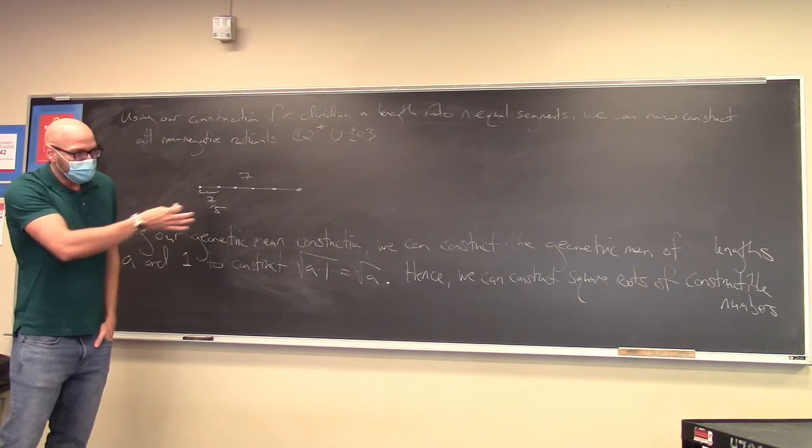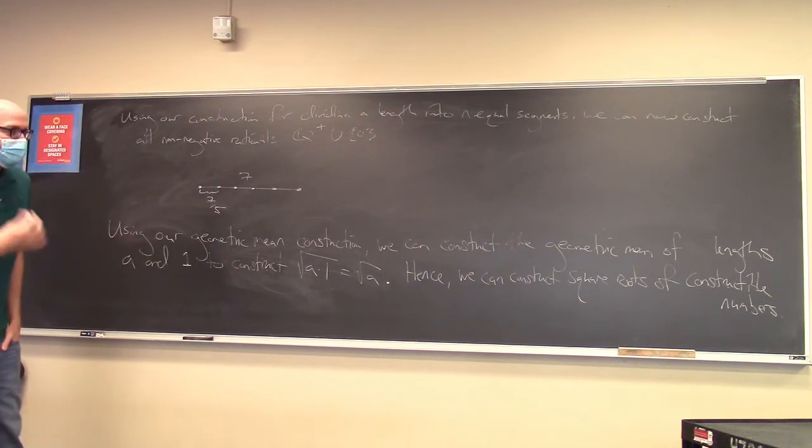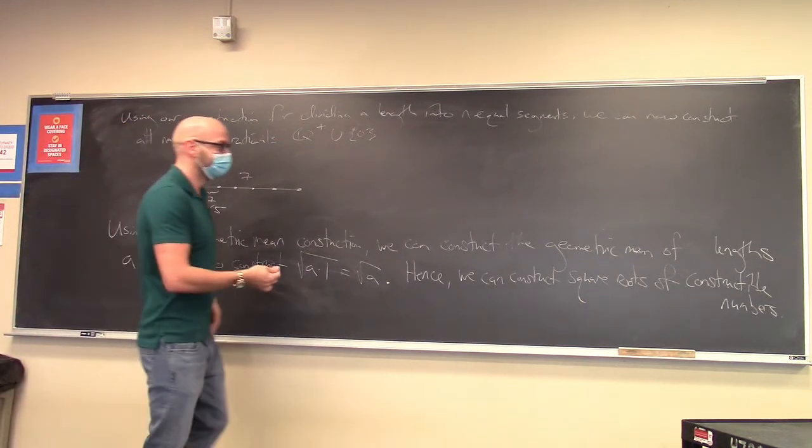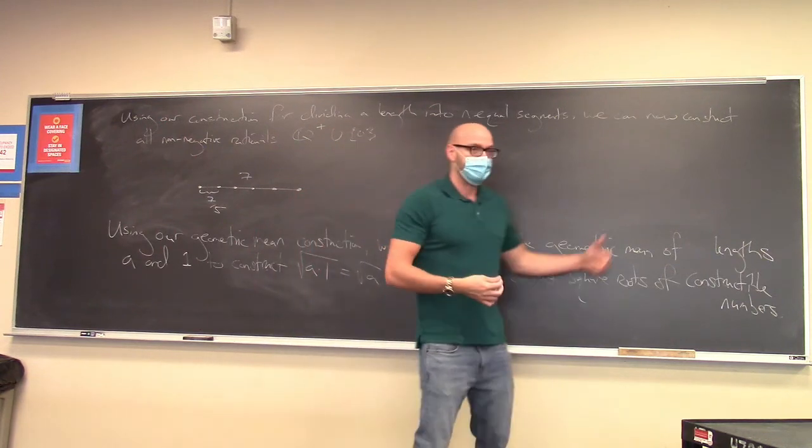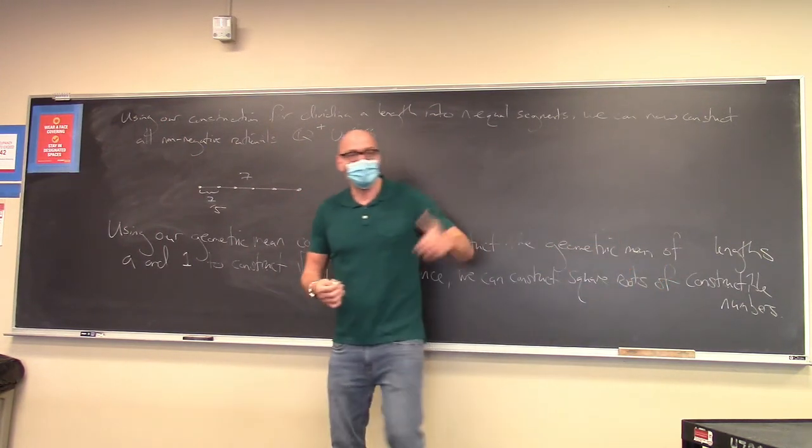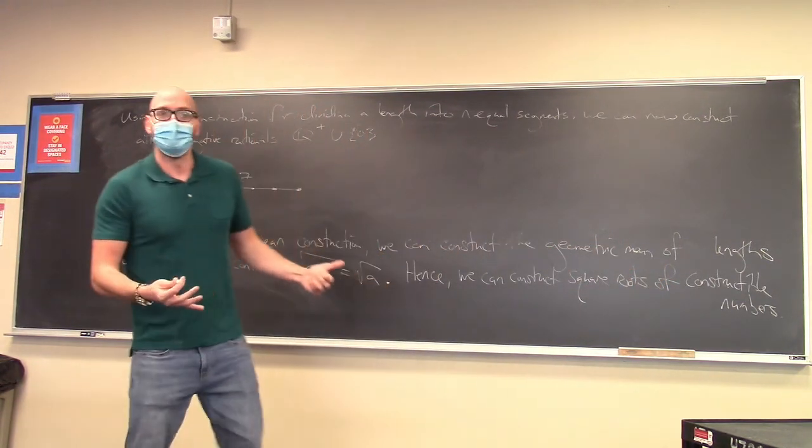And notice I wrote that slightly differently than what I was saying out loud when I said we can construct square roots of rational numbers, but if a square root of a rational is constructible, now I can take the square root of a square root and get a fourth root.